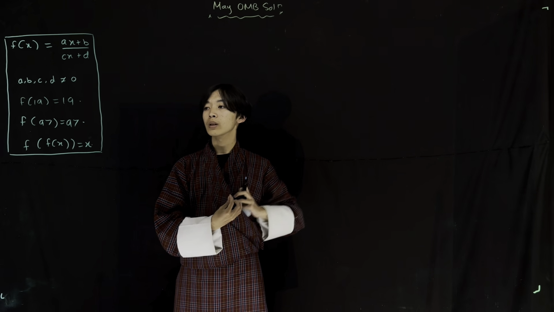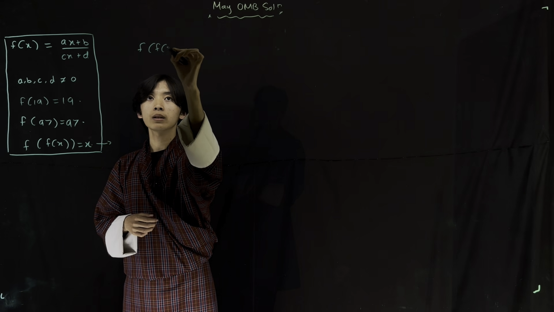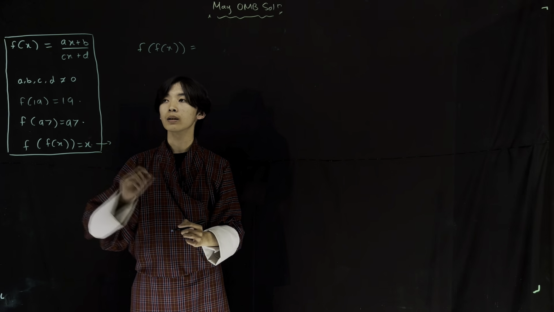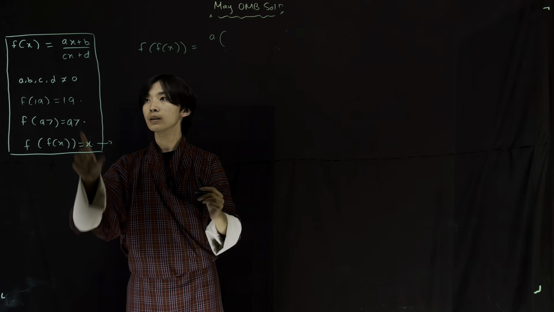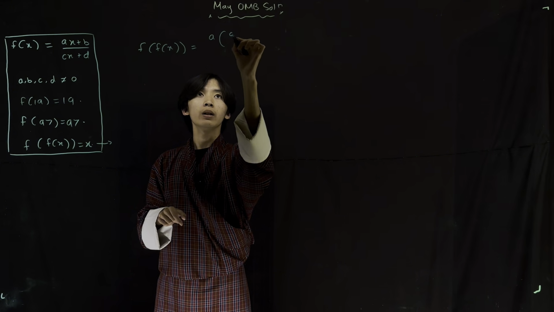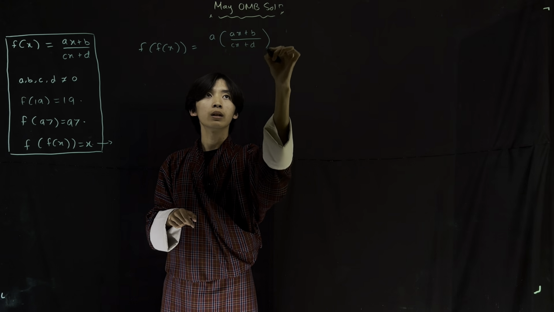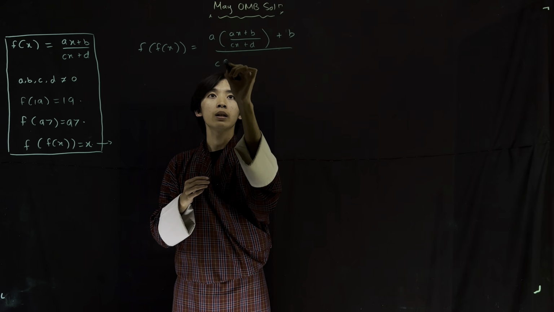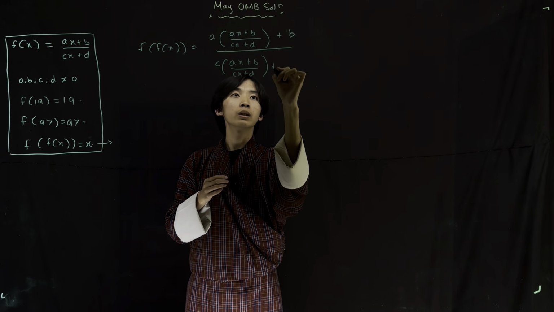So to first solve this question, we can take a hint from this equation given here. Using this, we can say f of x here is the value of x, so we can substitute it here. So instead of x, we can write this value given here, (ax plus b) divided by (cx plus d), and then we can say plus b, whole divided by c times (ax plus b) divided by (cx plus d) plus d.